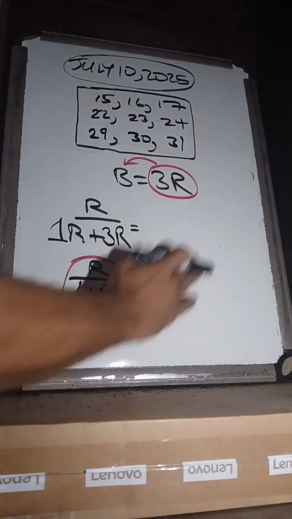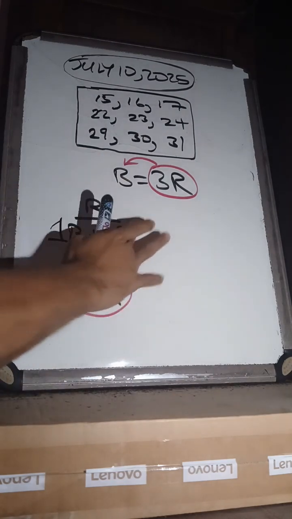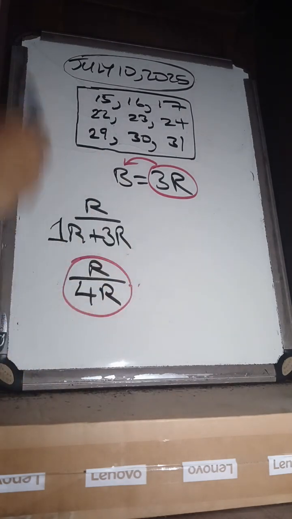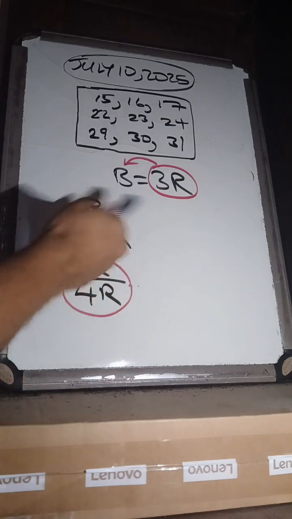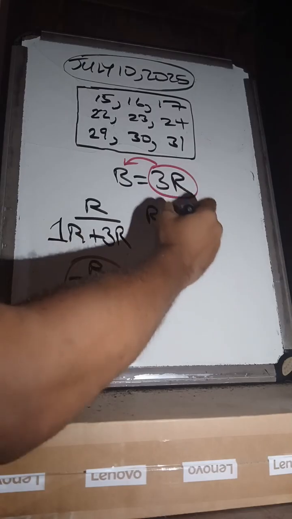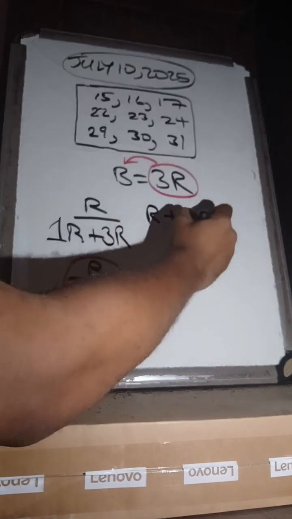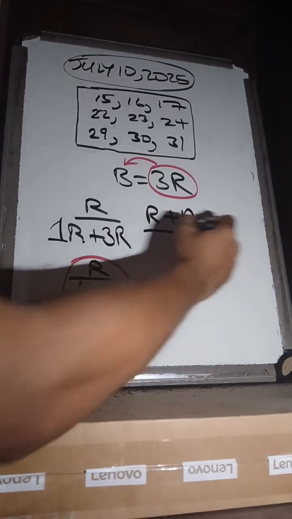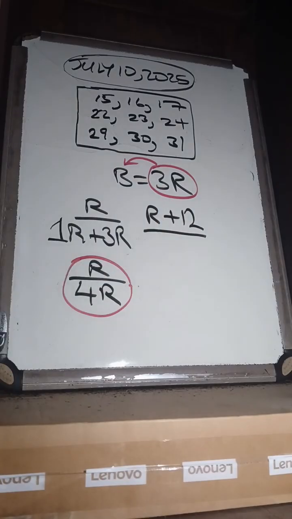However, now, what we wanted was to go from this to explaining why when you add 12 up here, and okay, well, r plus b is this.